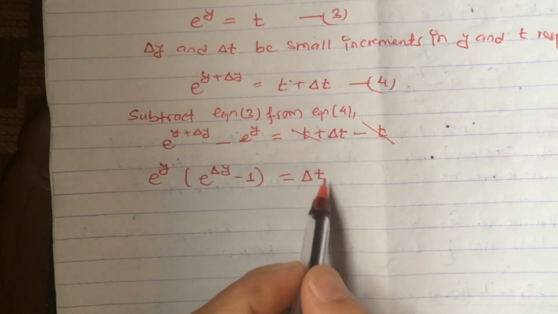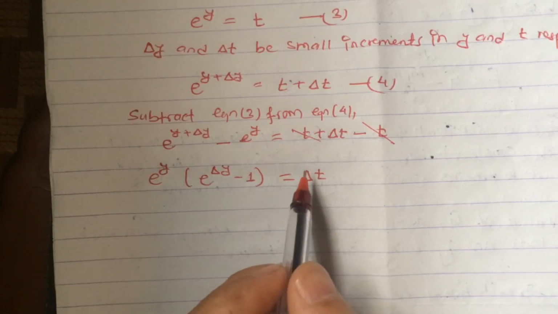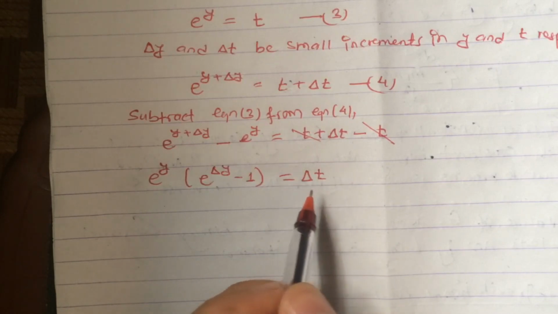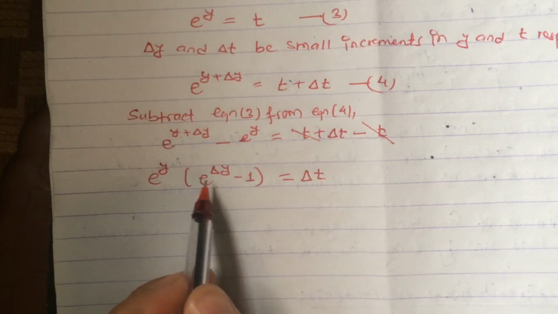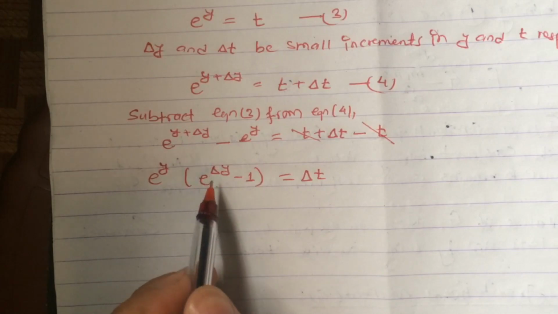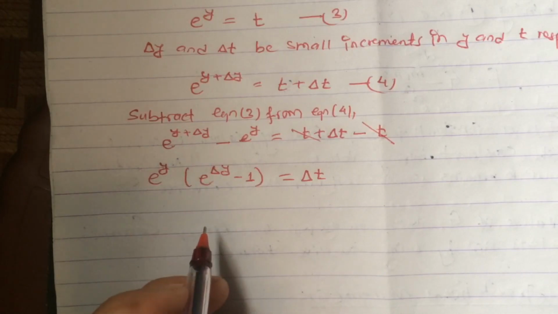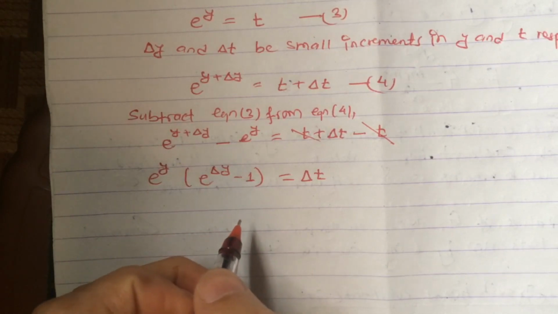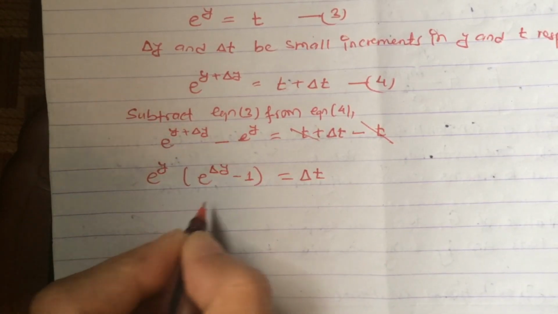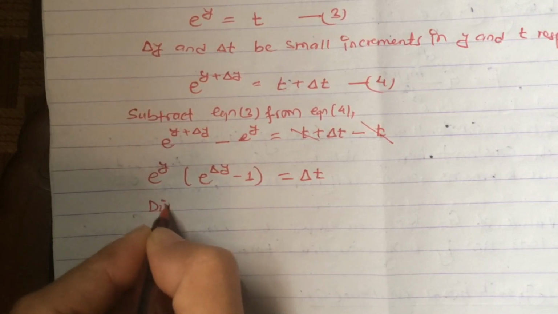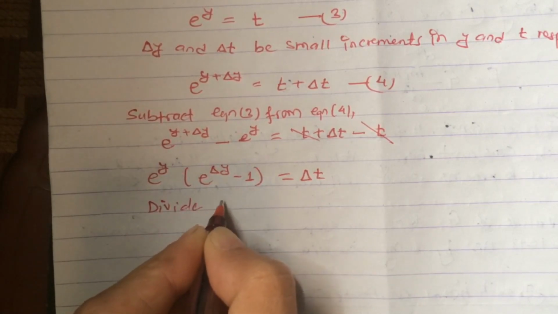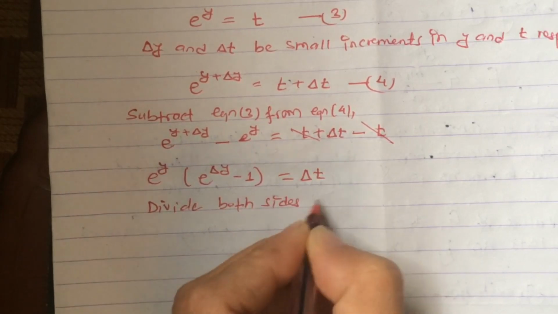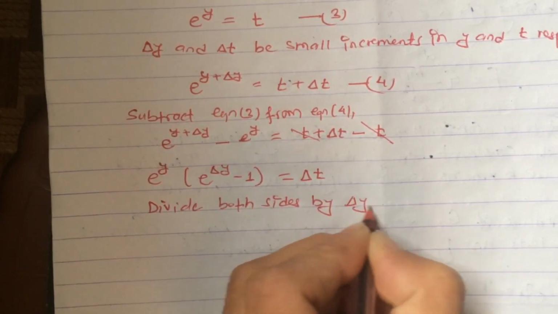We can divide by del t, because on the right hand side you will get 1, del t divided by del t is 1, but there is a del y inside this exponential function, so we would have to do a little bit more. This process will be a little bit complex, so for simplicity, let's divide this equation on both sides by del y.